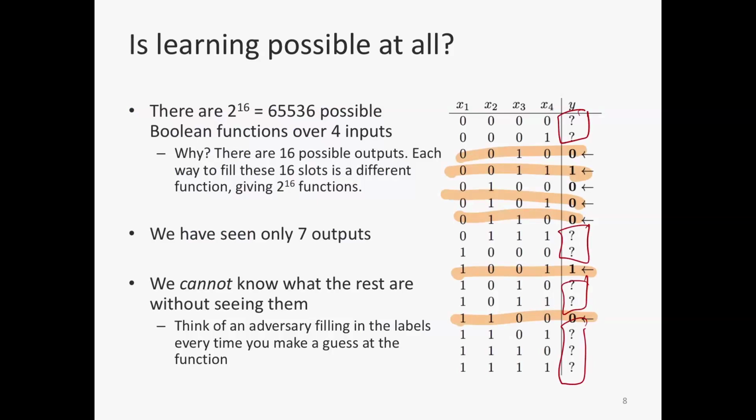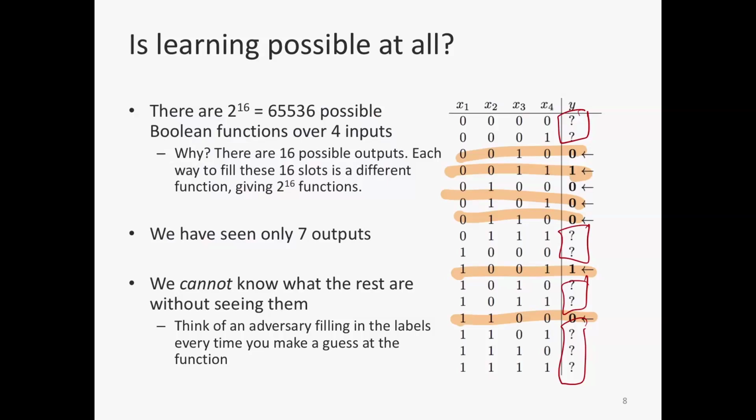And if nature were adversarial, we could never do that. Every time we reconstruct a function by filling in one of those question marks, nature could say, oh, yeah, you're wrong. Nothing stops it from doing that.